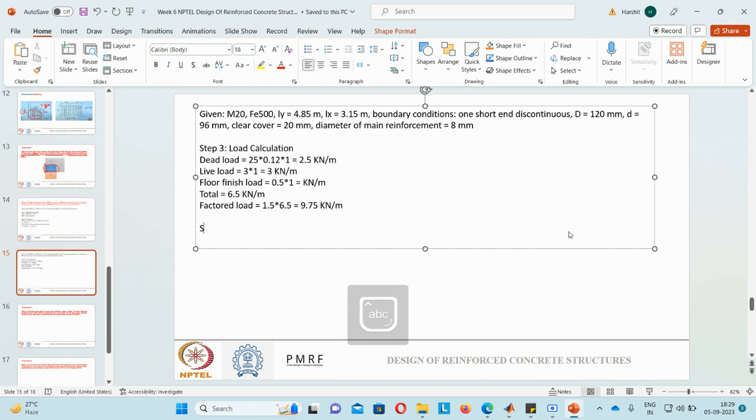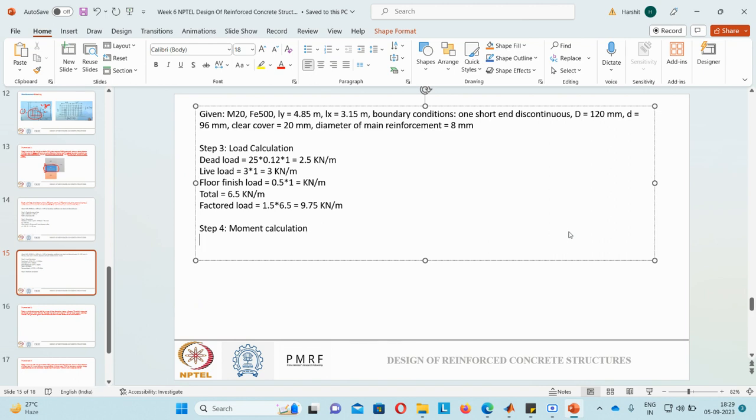Okay. So my step 4 is moment calculation. Okay, so how can I calculate moment? So for a continuous slab, the support end possesses negative moment and the middle strip is subjected to positive moment. Hence, negative and positive moments can be determined along both the shorter span and longer span.